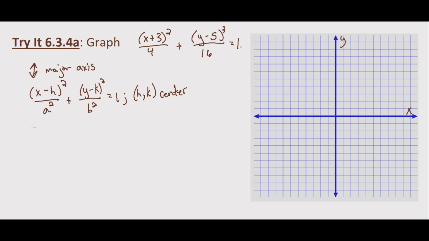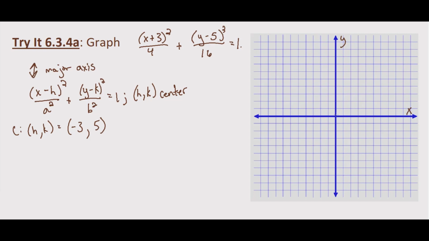So our h is negative 3, because we're adding 3 to x, and it's x minus negative 3. And then y minus 5 gives us a k of just 5. So now we know our center is at negative 3, 5.